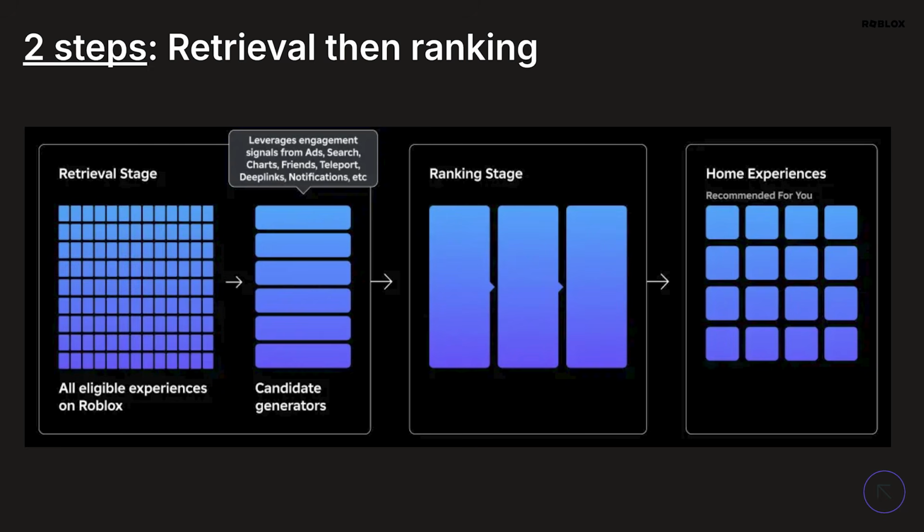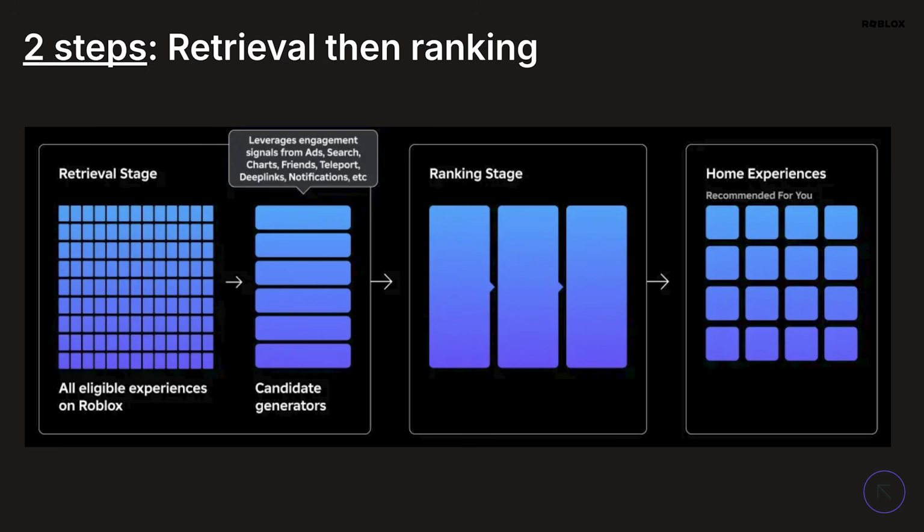In the ranking stage, we distill down to a few hundred, 150, 200 games to be shown on the homepage in the recommended for you section. The ranking stage is where we take into account the signals that tell us which game is the most relevant for which user, and should this game also get more distribution. Are the users enjoying and coming back to that game, or are they not?